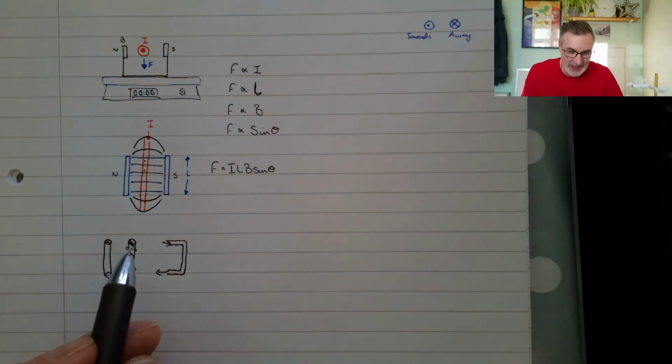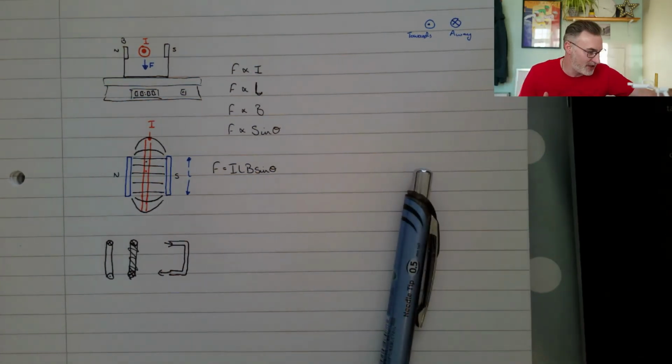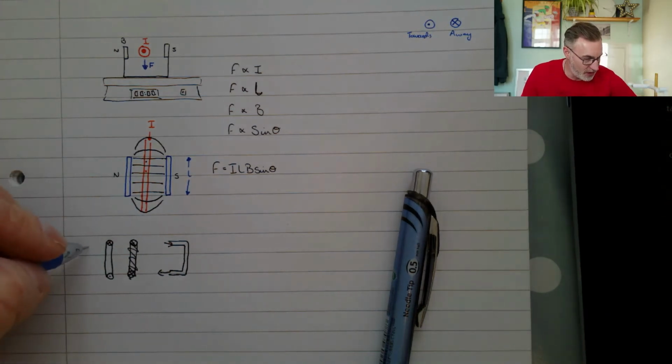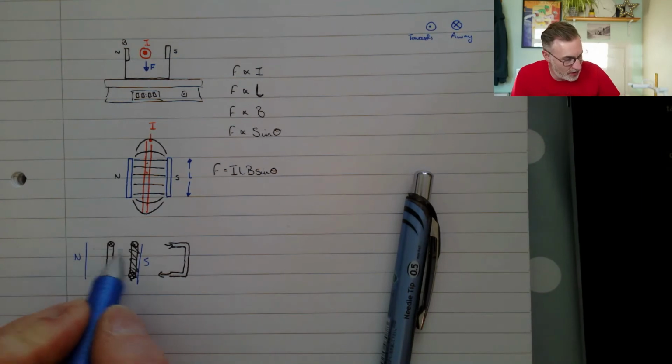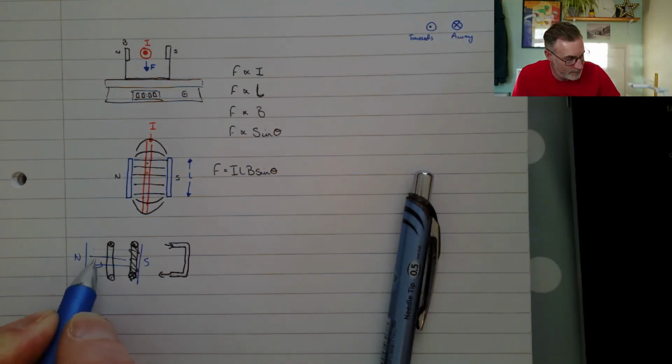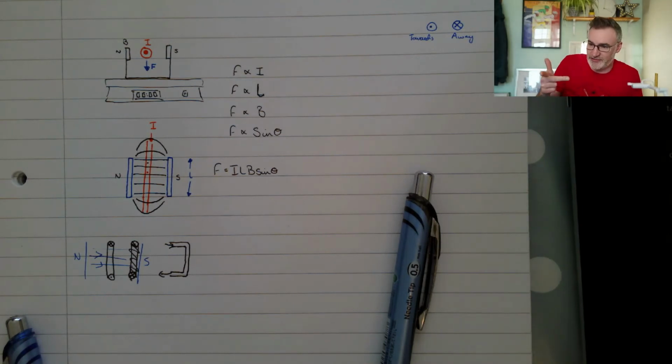Right, so we're using a right hand rule. Same as before, our magnetic field is going to be coming north to south. It's going to be coming through this way, and so we're going to have FBI. We're turning it upside down.